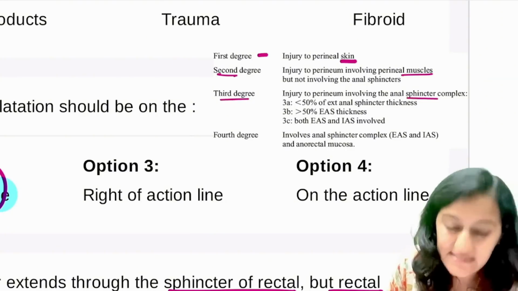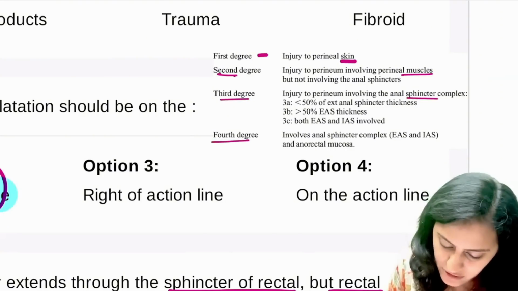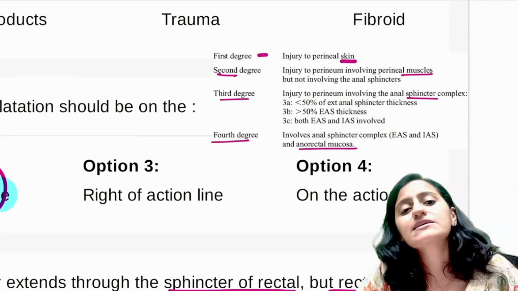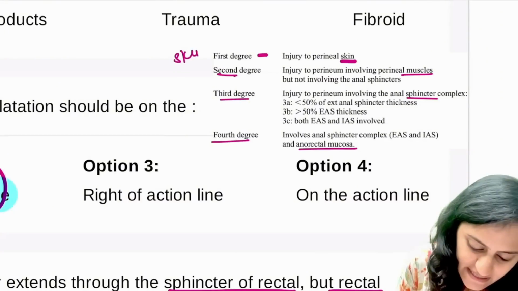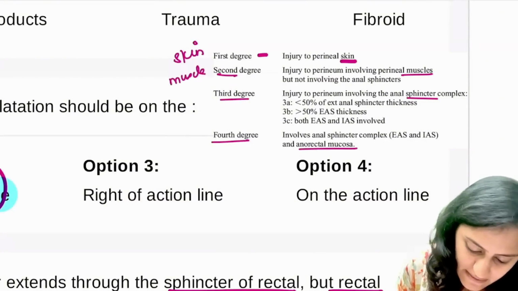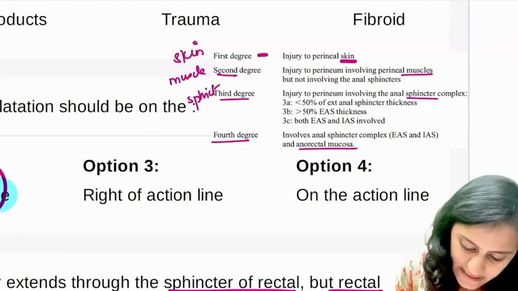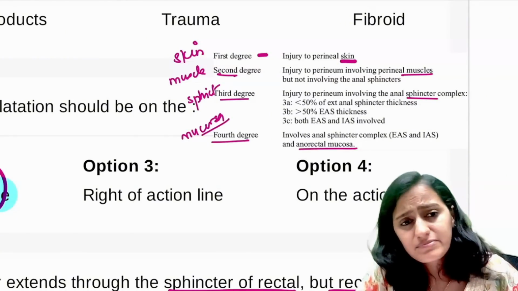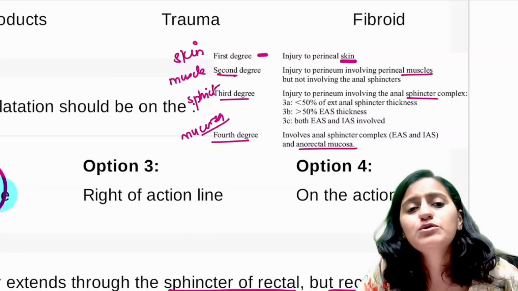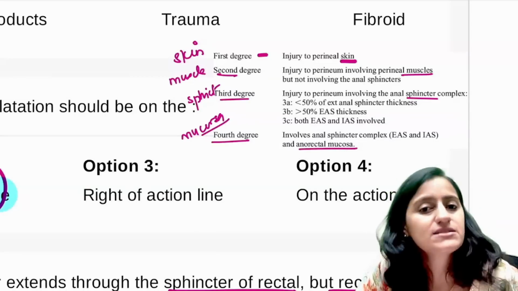Third degree is sphincter. And fourth degree is where the anorectal mucosa is also involved. So first degree is skin, then comes the muscle, then the sphincter, and then the anorectal mucosa. So when they have told you that the mucosa is intact, the sphincter is gone, it is third degree.